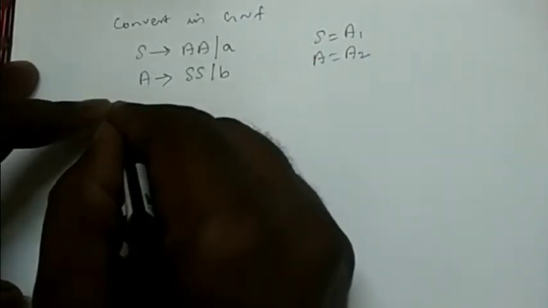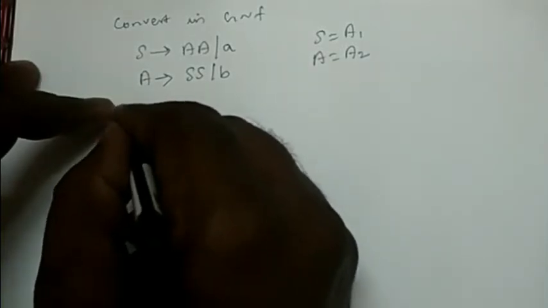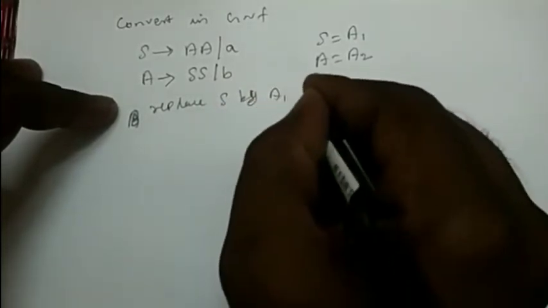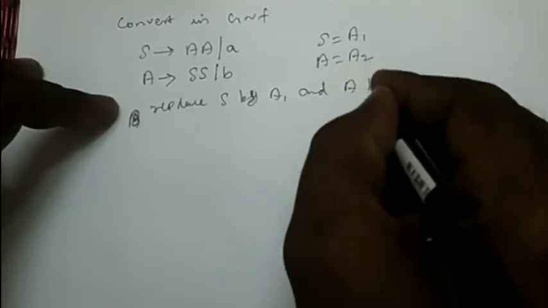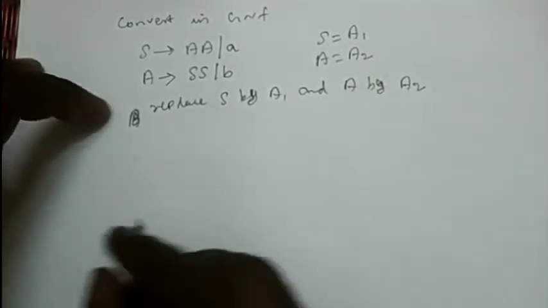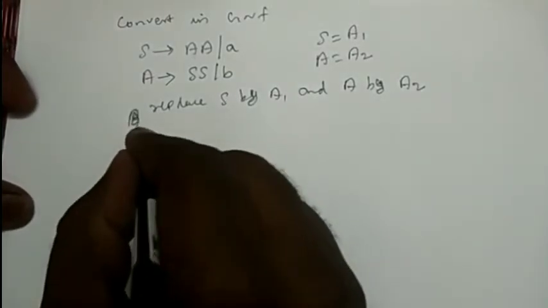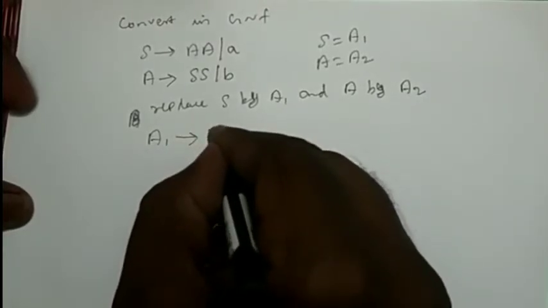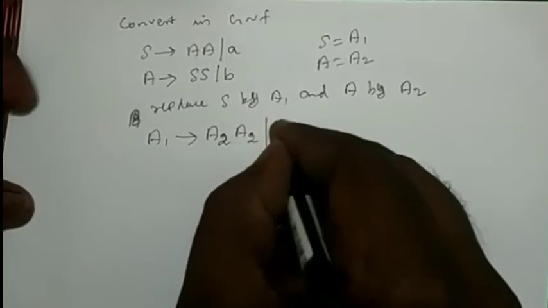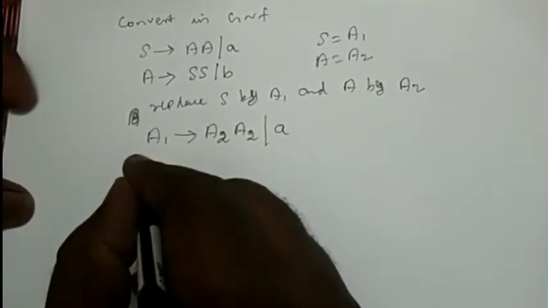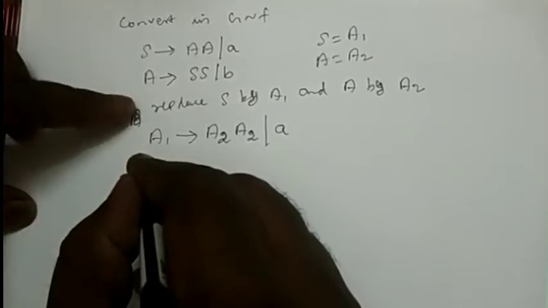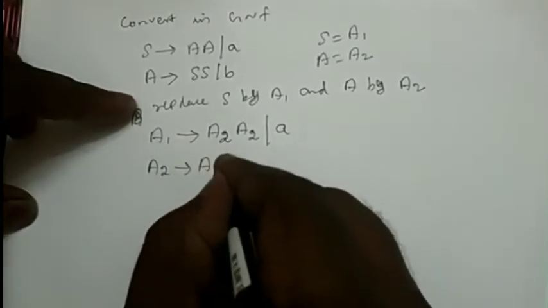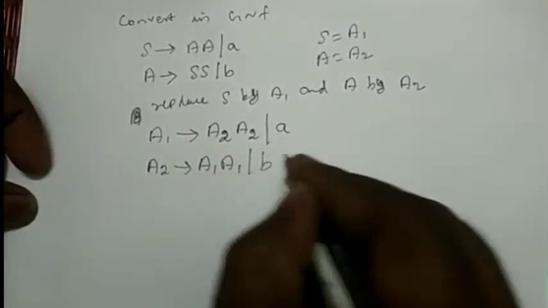So the equation becomes: when S is replaced by A1, A1 tends to A2 A2 bar a, and in the second equation, A is replaced by A2, so A2 tends to SS, replaced by A1 A1, bar b.